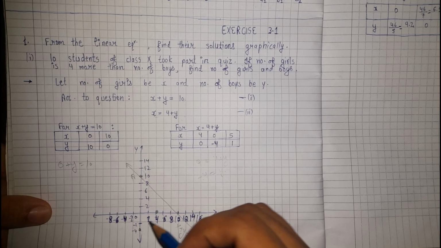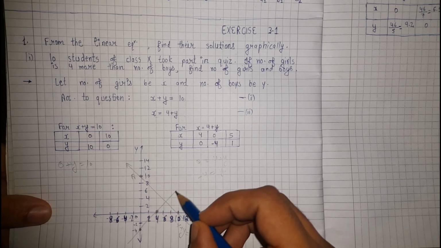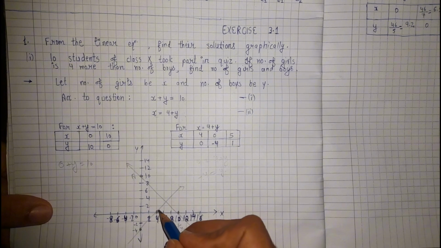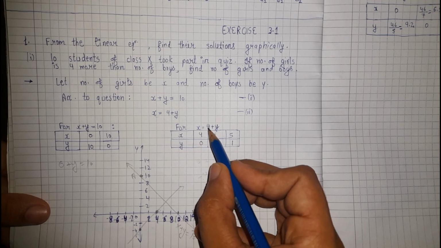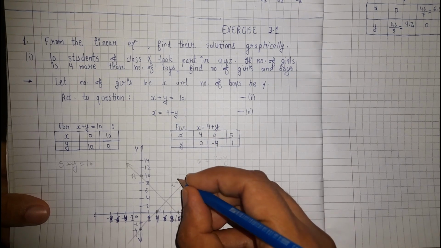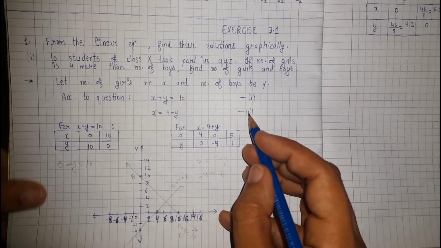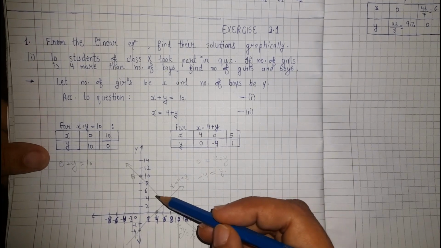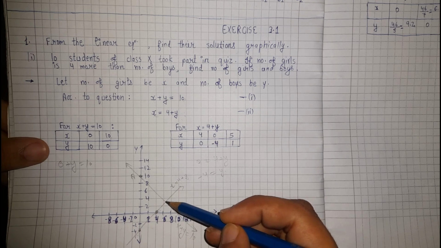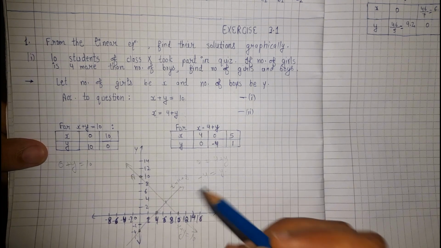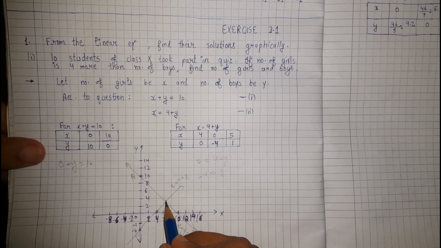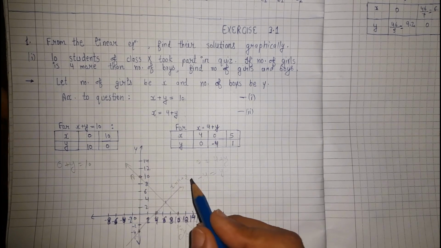Now joining these 2 points, we will have the equation x is equal to 4 plus y, which is our second equation. Now the point where these two lines intersect is our required solution. This point is the solution of both these equations.